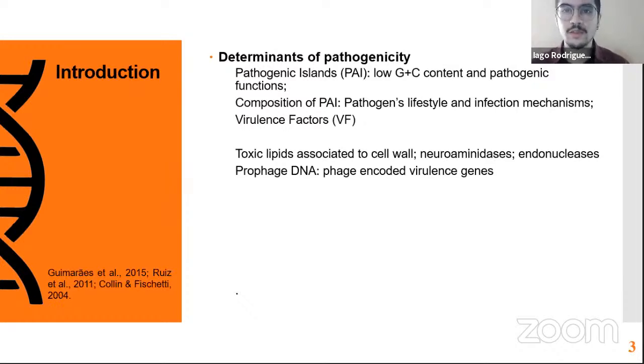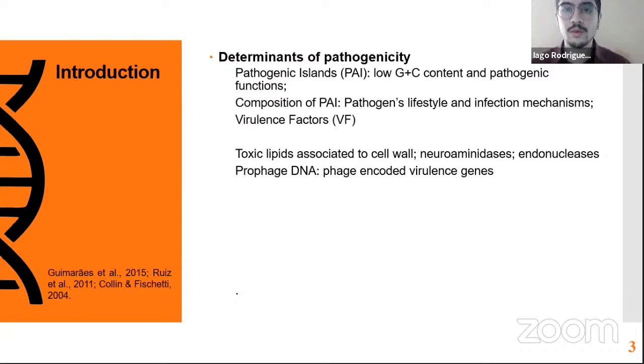The analysis of the composition of these loci can reveal much about the pathogen's lifestyle and its infection mechanisms, as for example the conservation of virulence factors, VF, which are known to be highly related with pathogenesis among different species and also strongly conserved among them.